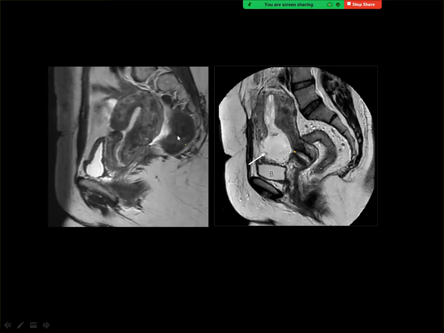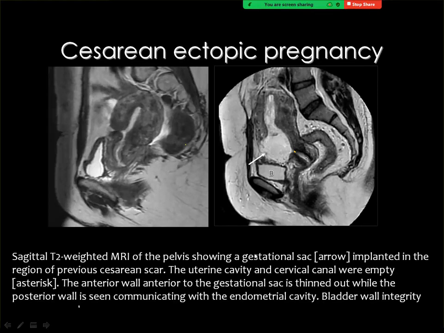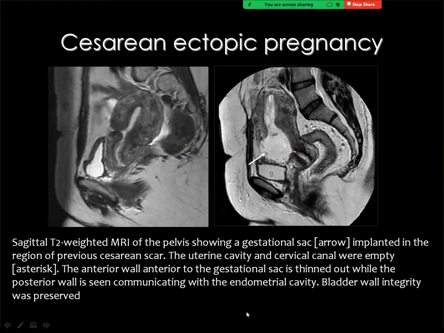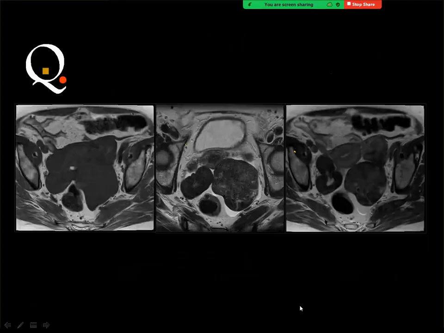This is one of the major drawbacks of the cesarean section. Also, another example, the pregnancy may be ectopic at the site of the cesarean section scar.